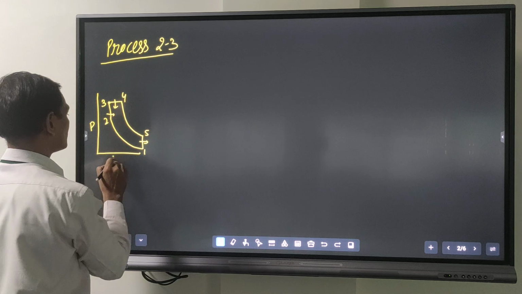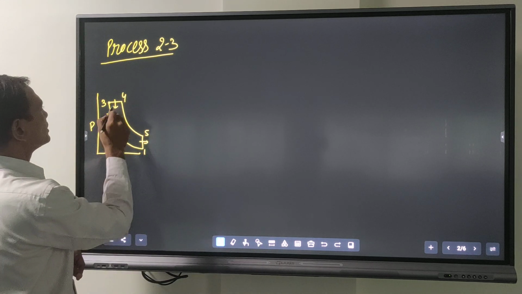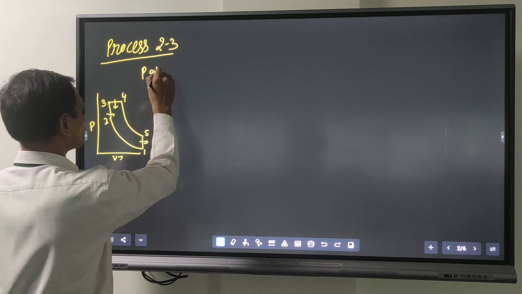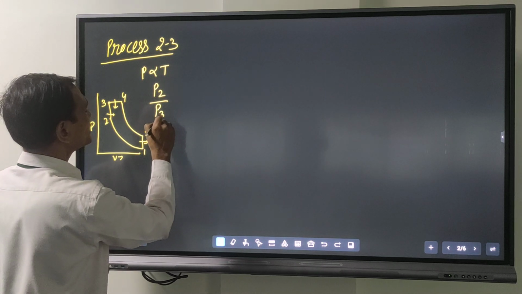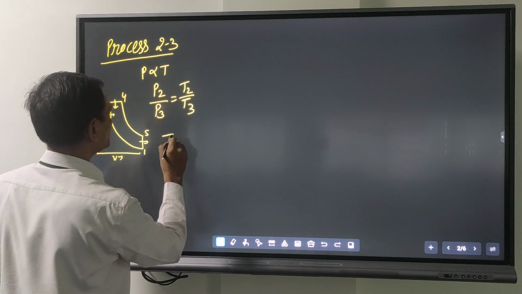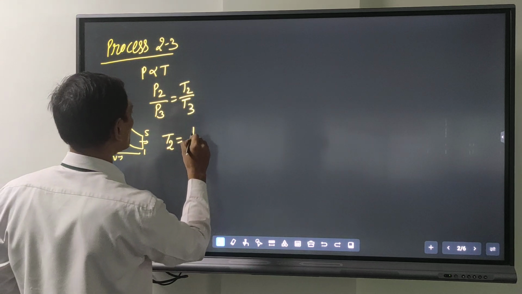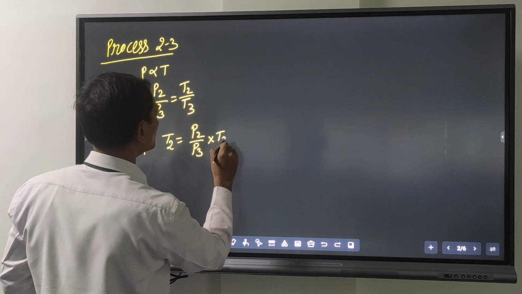Okay, this is the diagram between the pressure and volume. So here in process 2 to 3, volume constant, so here pressure is directly proportional to the temperature. So P2 by P3 is equal to T2 by T3. So here we can find T2 is equal to P2 by P3 into T3.